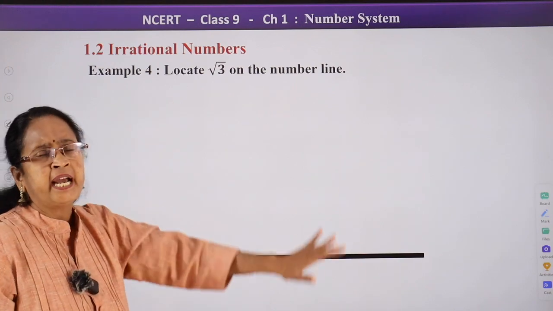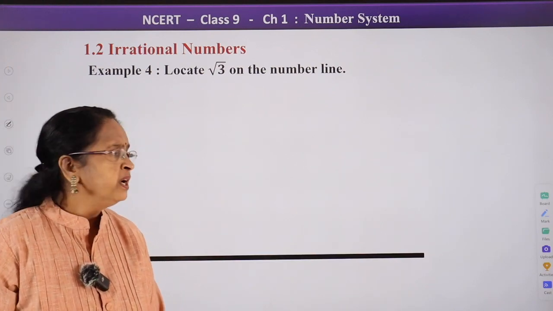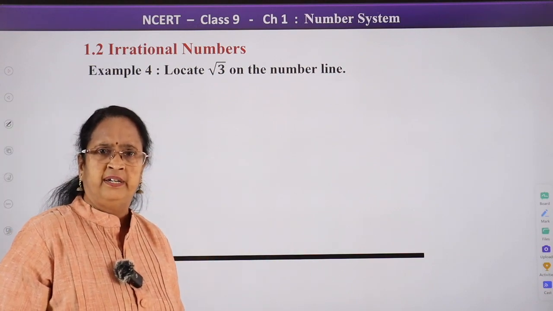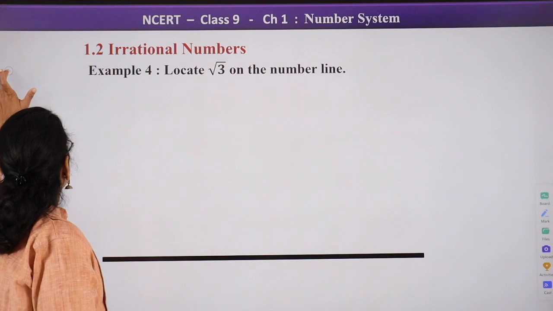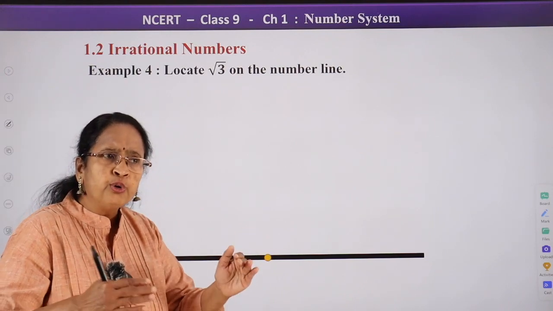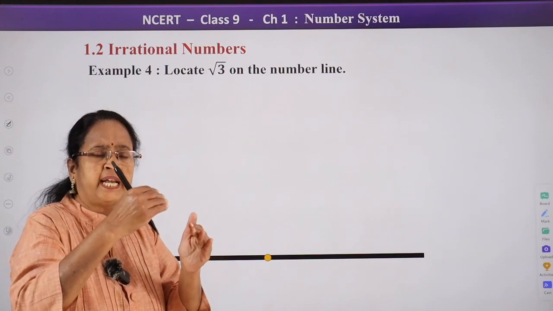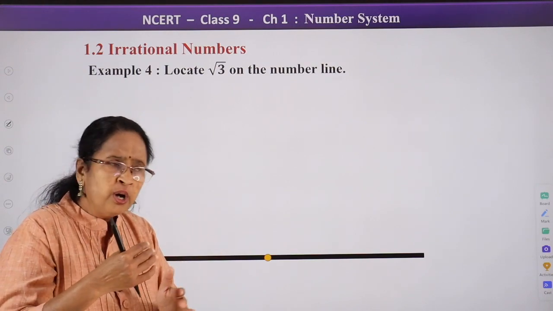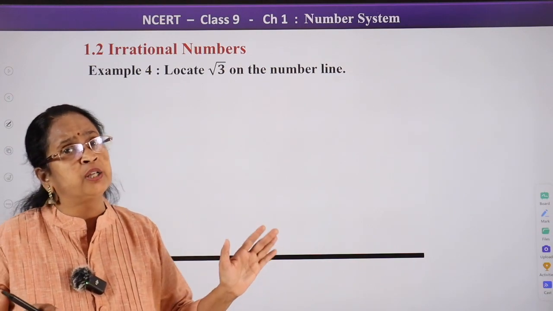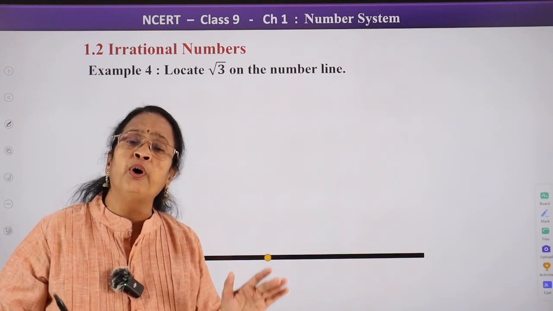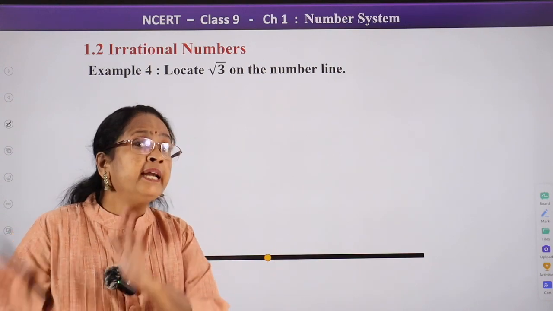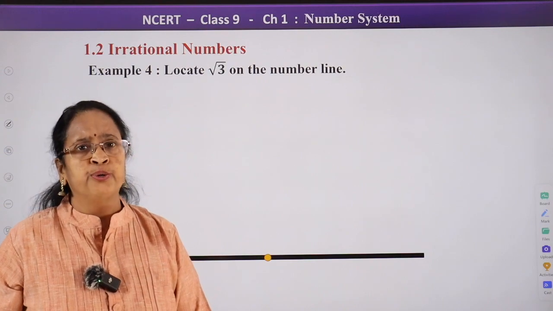The first thing, as I told you in root 2, is to draw a straight line. Now, again a point. Root 3 is an extension of root 2, so for locating root 3 on the number line, we have to follow all the steps of root 2 first and then continue for root 3.